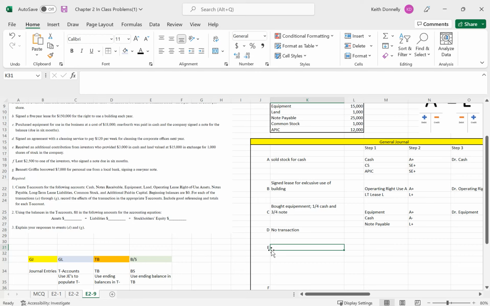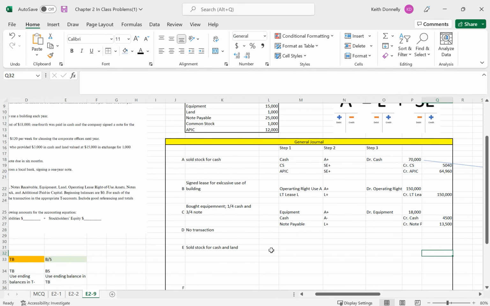E here, it looks like we received an additional contribution from investors. They gave us $3 grand in cash and 15 grand in land for 1,000 shares of stock. Okay, so it looks like we sold stock for cash and land.